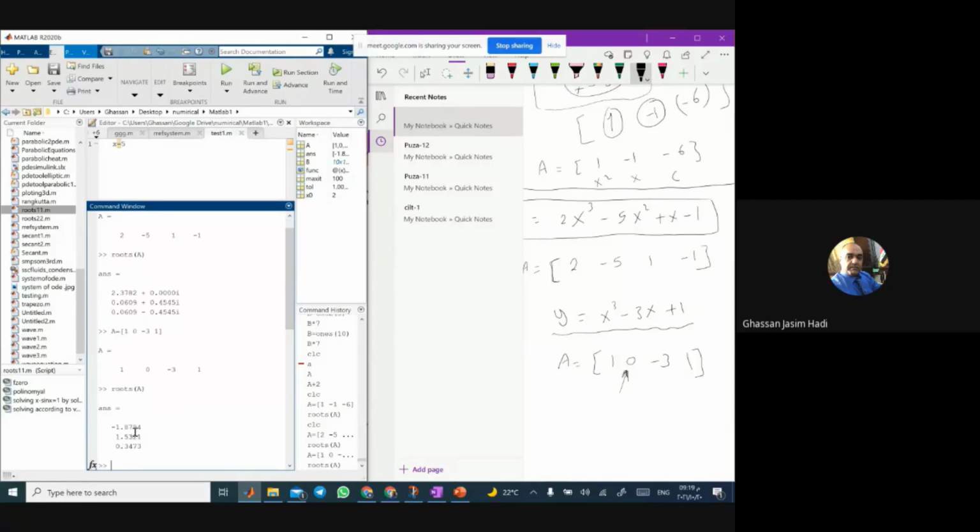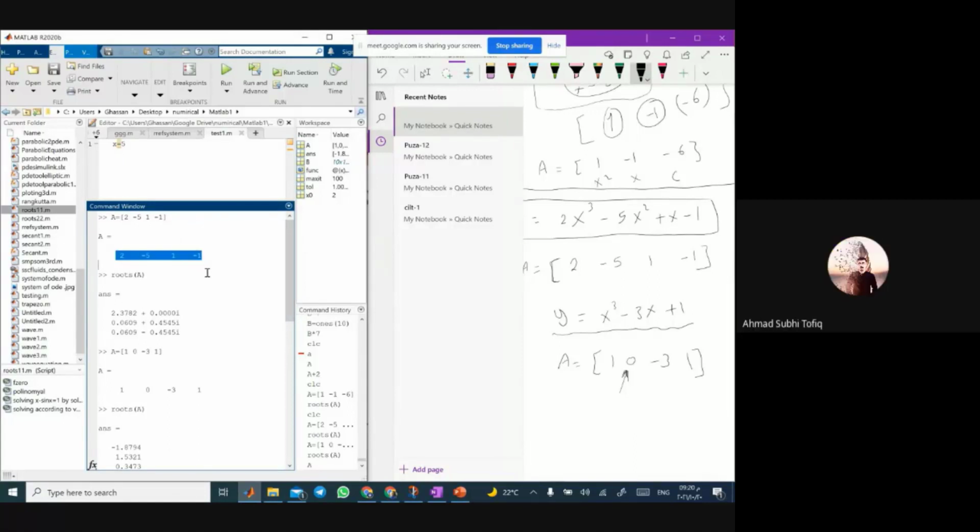He gives us 3 roots. Now the question here: why does he give us this A, these numbers? If I say A, he will give us this number. Why didn't he give us the other number? Because we work in order.